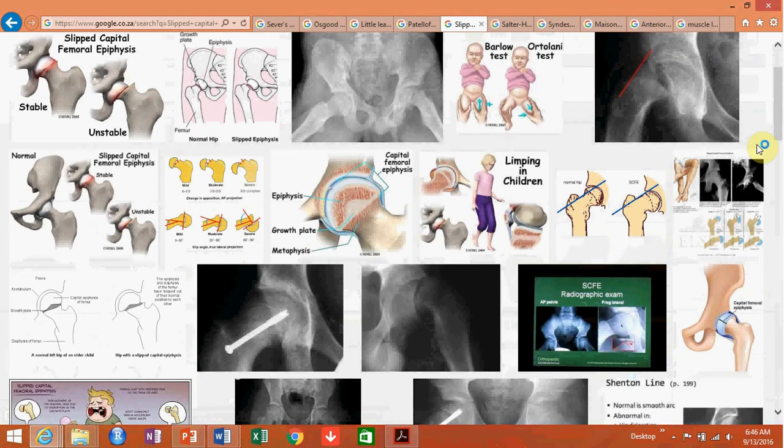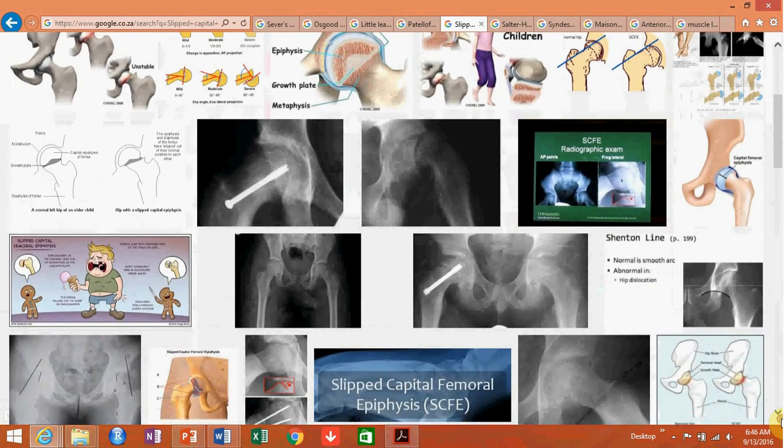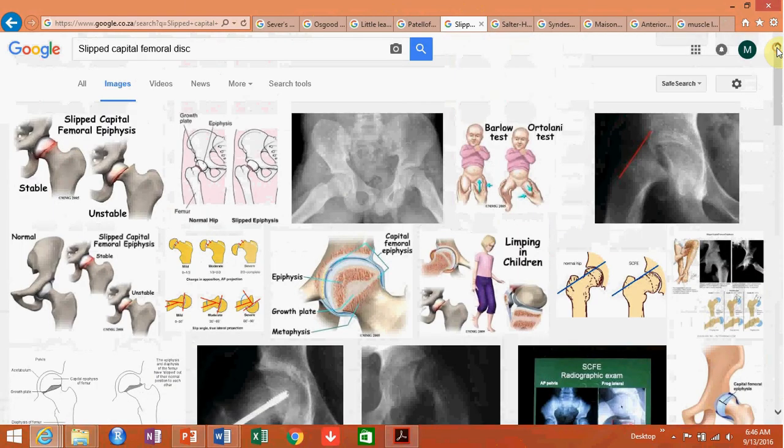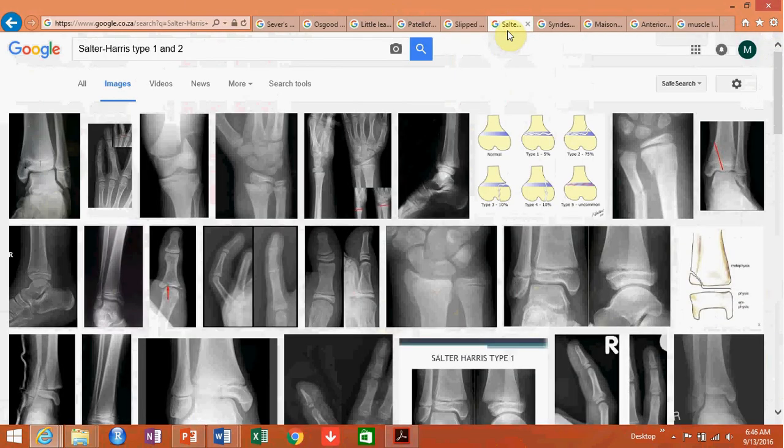So, and also even hip replacements. Not something you want to be seeing in young children, so if a child is presenting with hip pain, make sure that you send them off for that.